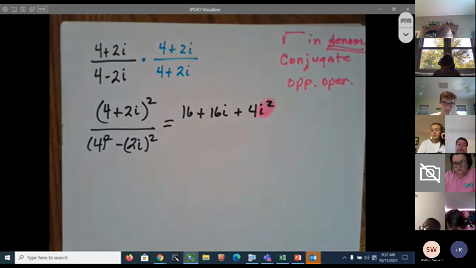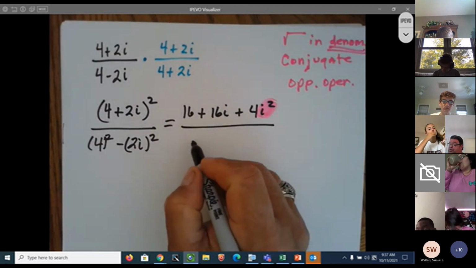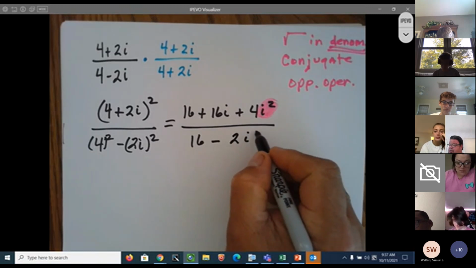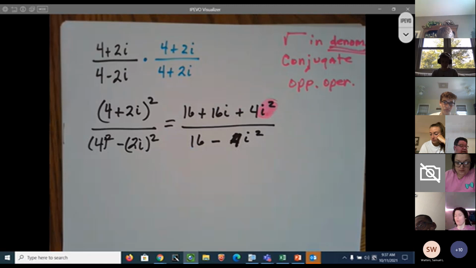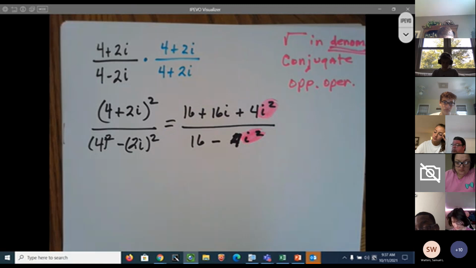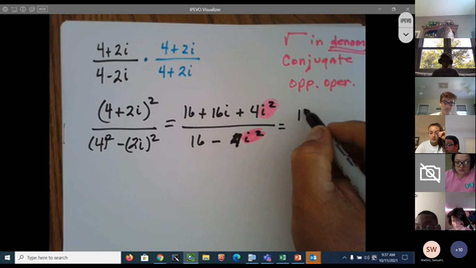You have to deal with that i squared there. Over 16 minus 2i squared. That's going to be a 4, sorry. And I've got to highlight that i squared. So I'm going to rewrite everything and put a baby step in here for you.